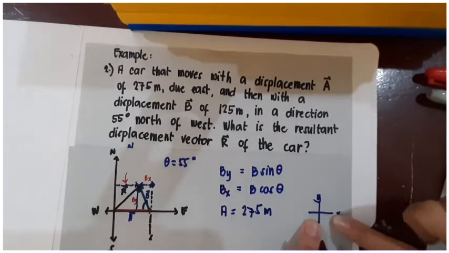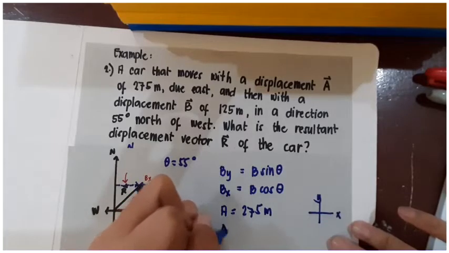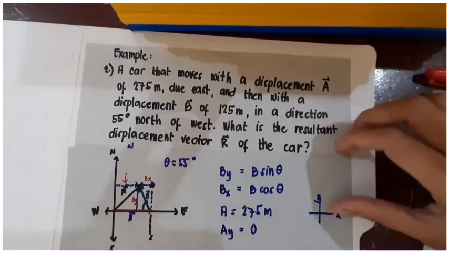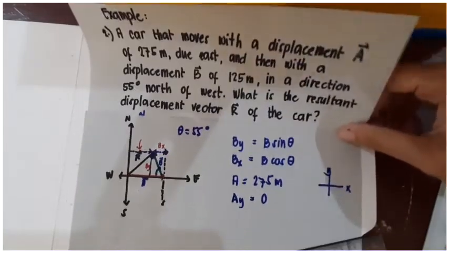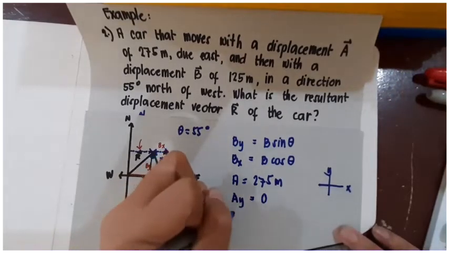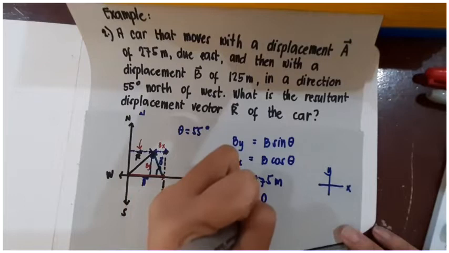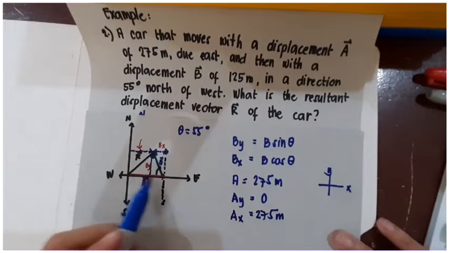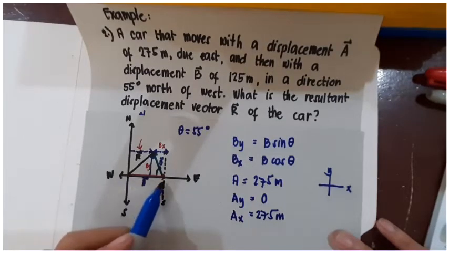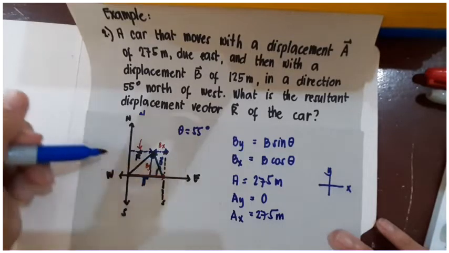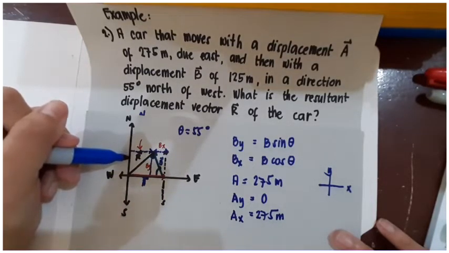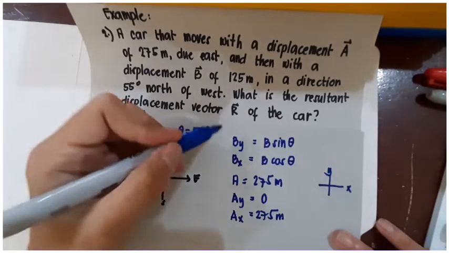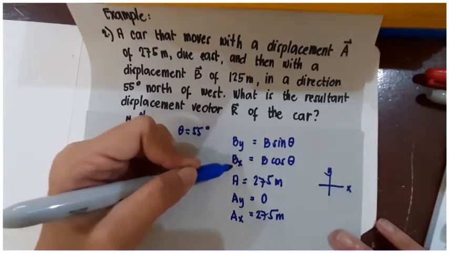Ibig sabihin, yung AY natin is 0, kasi wala siyang value for y. And then your ax is the same with your magnitude, that's 275 meters, kasi nakalay doon sa x-axis si vector A. Unlike kay vector B, na pwede siyang kukuha ng component niya kay y-axis at kukuha ng component niya kay x-axis. Kaya meron siyang by and then bx.